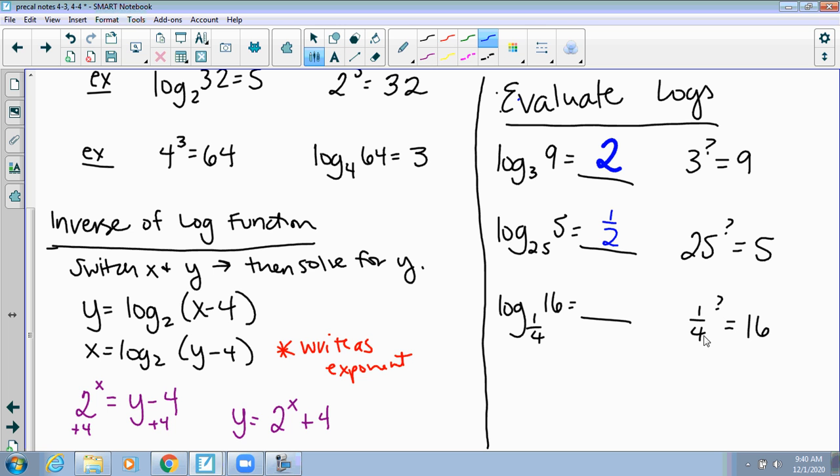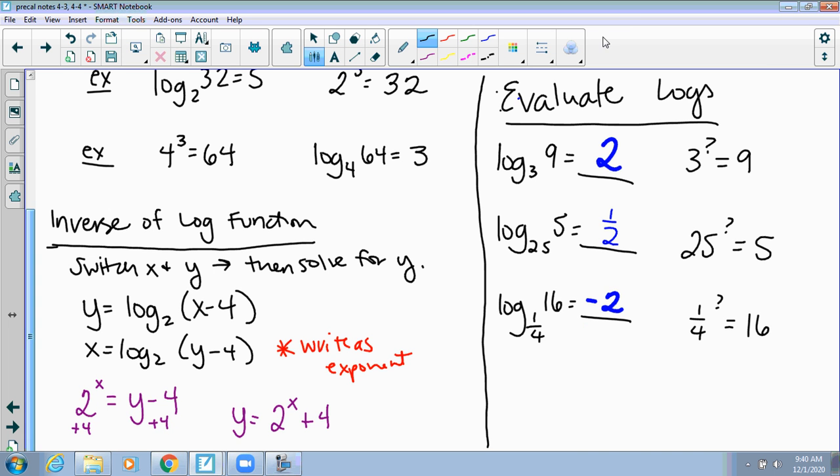So just a reminder that 4 can jump up to the top if we have a negative exponent. Same thing if it was on the top and needed to go to the bottom. So we're going to have the exponent of -2. 1/4 to the -2 is going to give us 16. So that is evaluating some that you can do in your head. If you're going from bigger numbers to smaller numbers, you need fractions. If we're going from a fraction to a whole number or vice versa, you're going to need a negative in your answer.